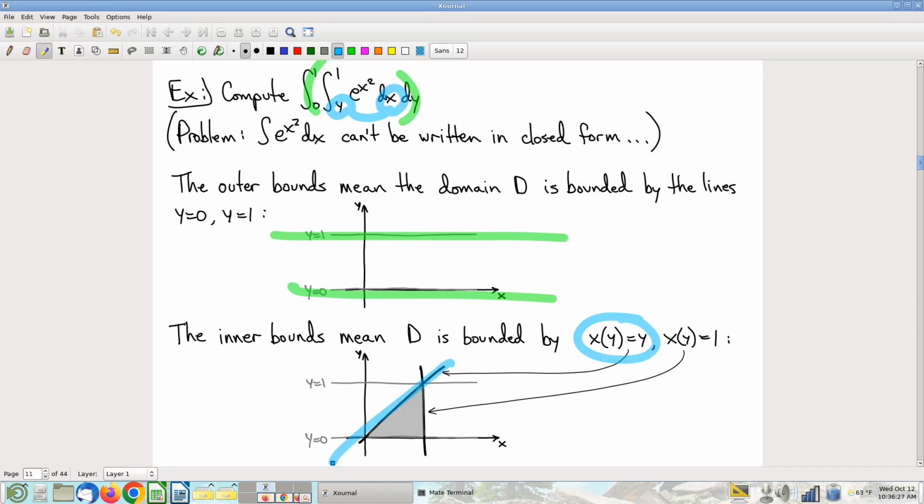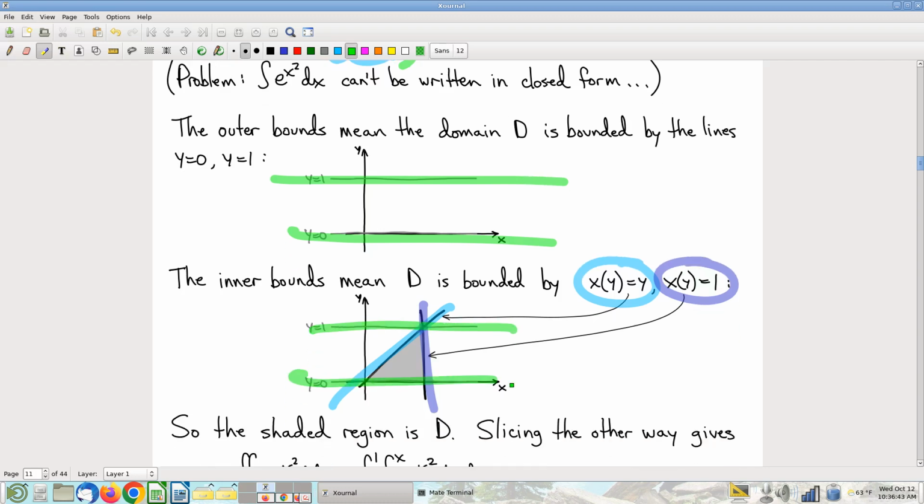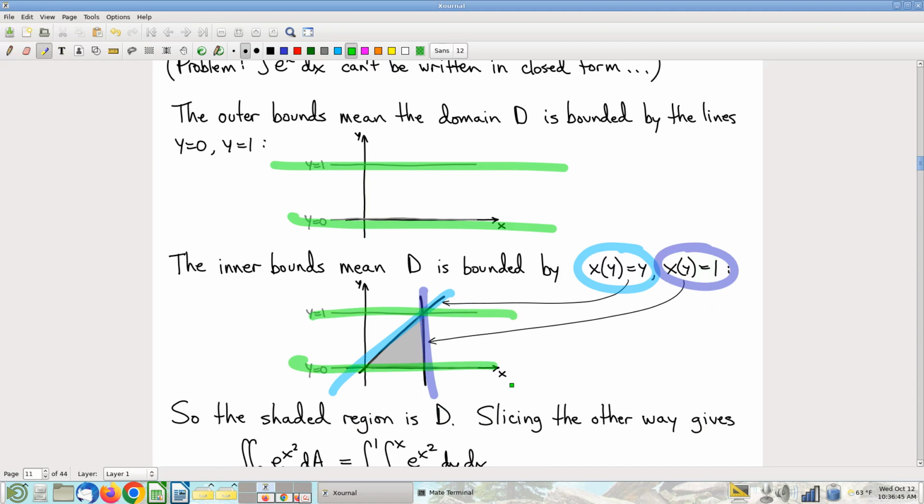That's that line. And then x equals 1 is my upper bound for x. So we're slicing from that y value to this y value, and for each of those y values, x goes from light blue to dark blue. So we have now reverse engineered that this is our domain.